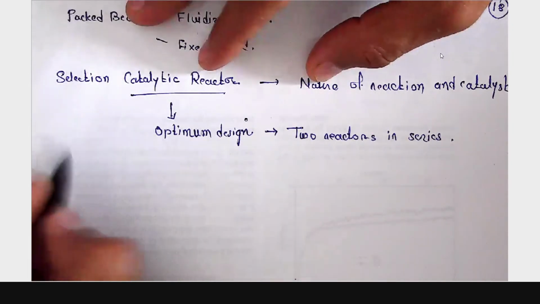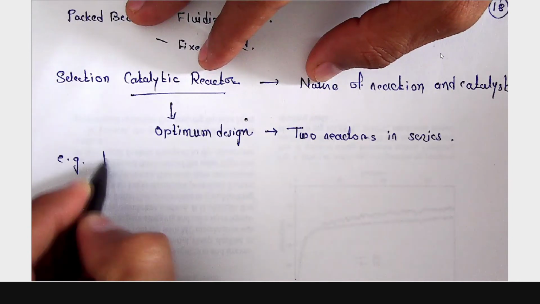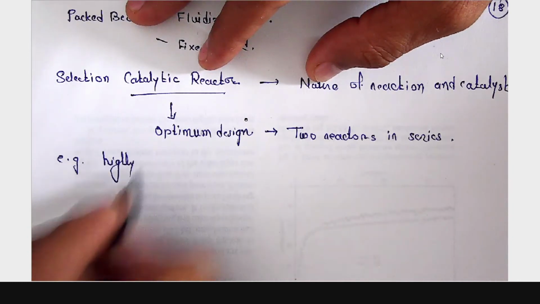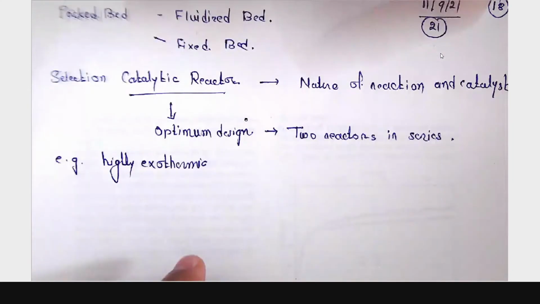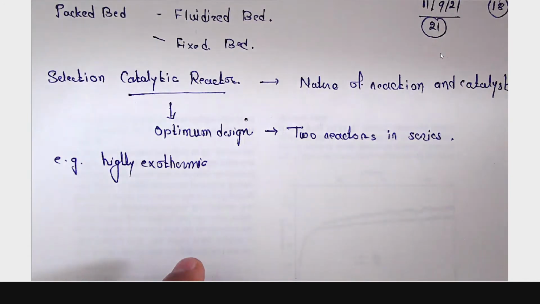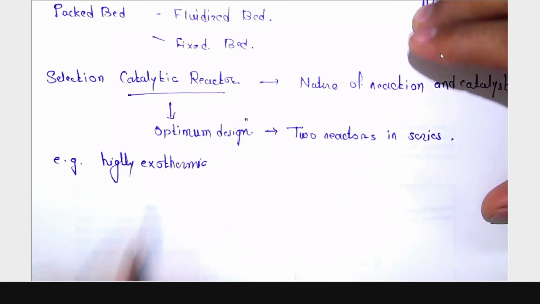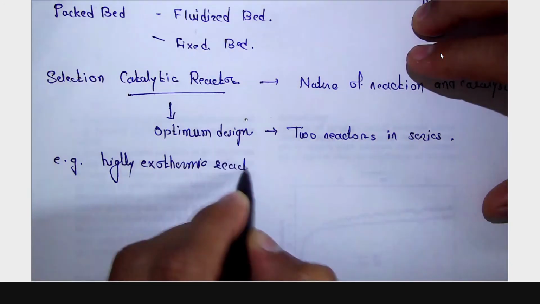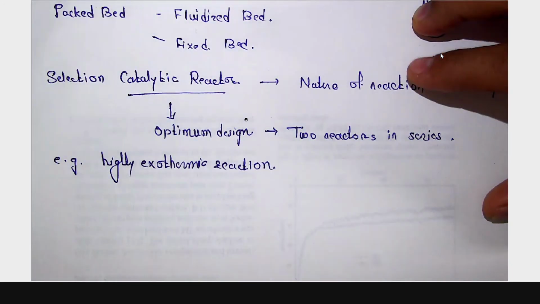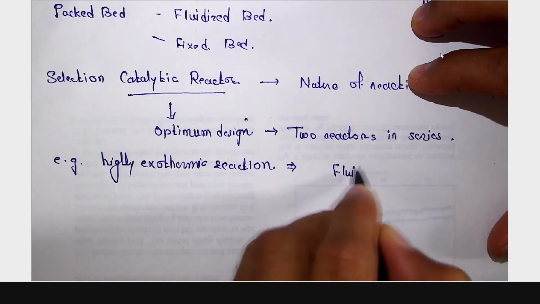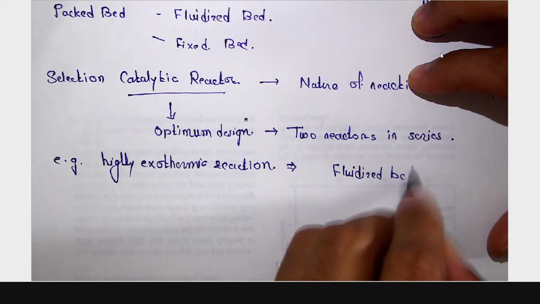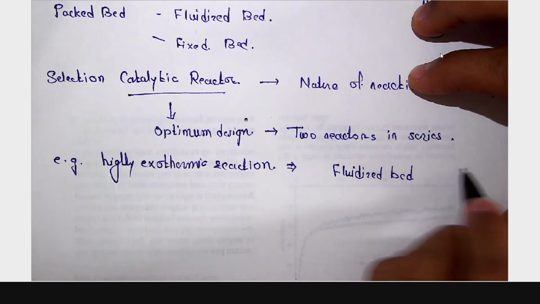Suppose, for example, if you take a highly exothermic reaction, in case of the highly exothermic reaction, we may use the fluidized bed reactor and then the fixed bed reactor.